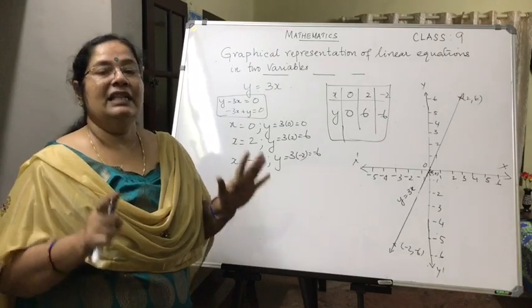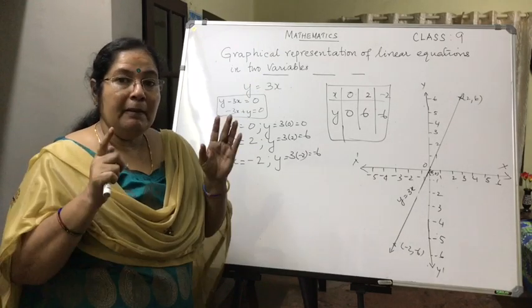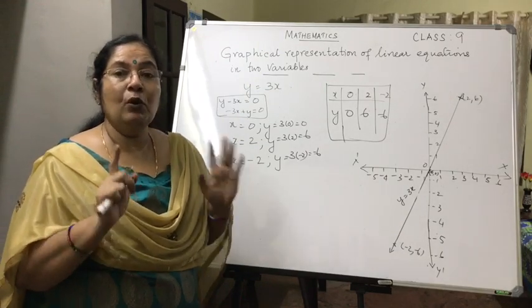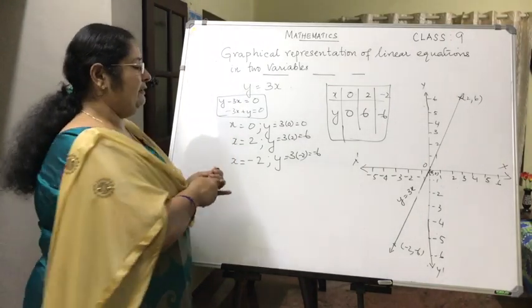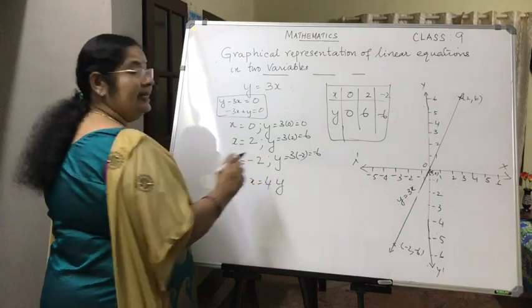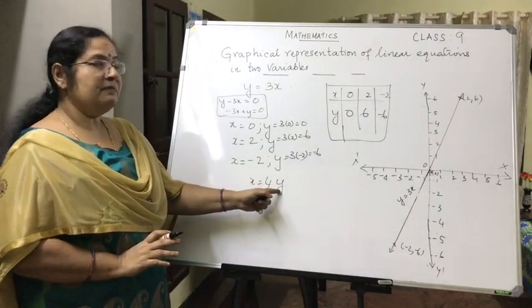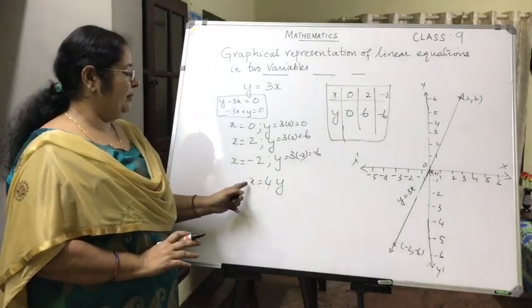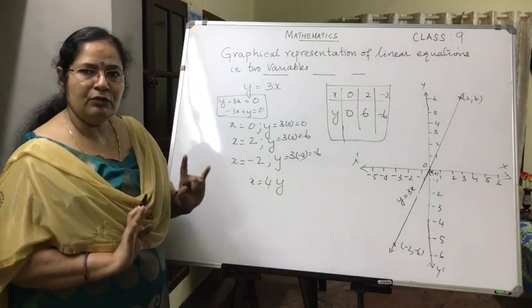Which means the graph will be passing through the origin. Suppose you are having say x equals 4y. When you substitute y as 0, what will be the value for x? X will also be 0.